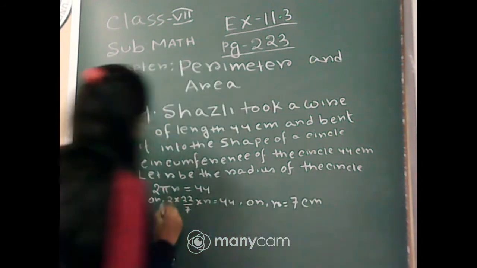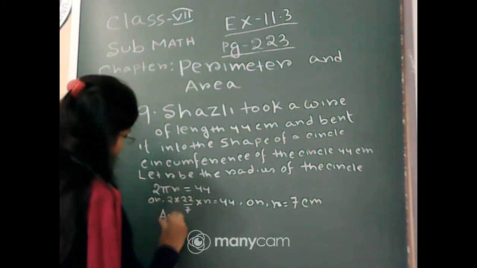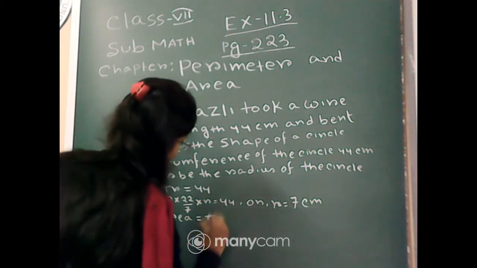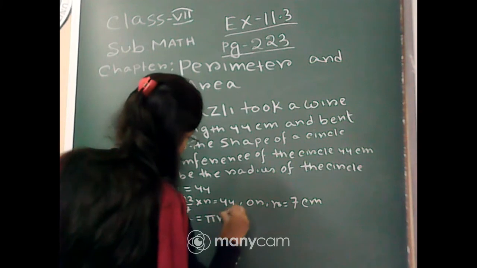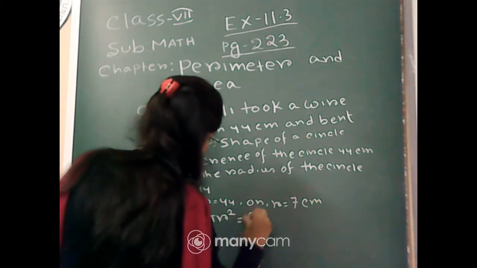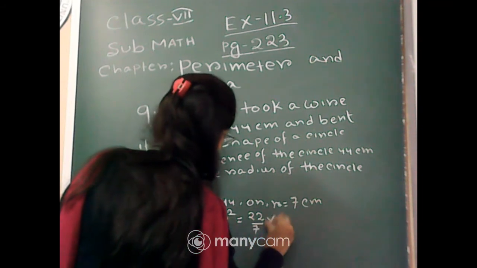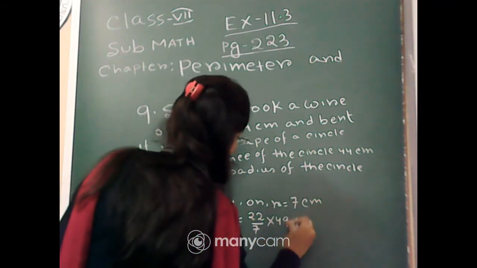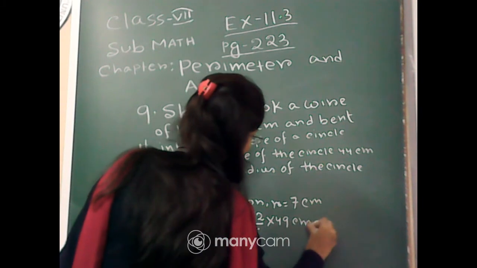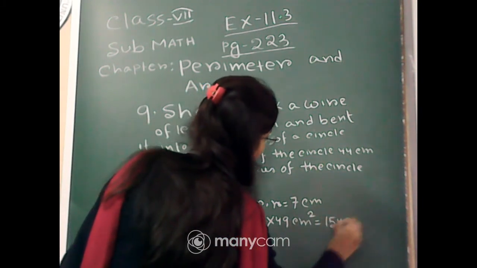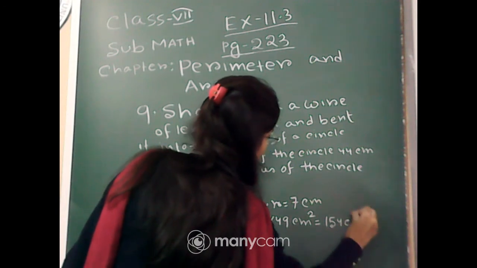Now, area of the circle is equal to πr², that is 22/7 × 49 square cm, that is 154 square cm.